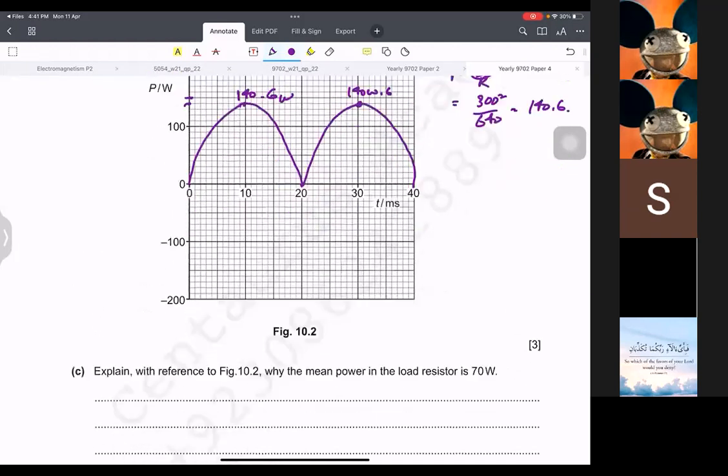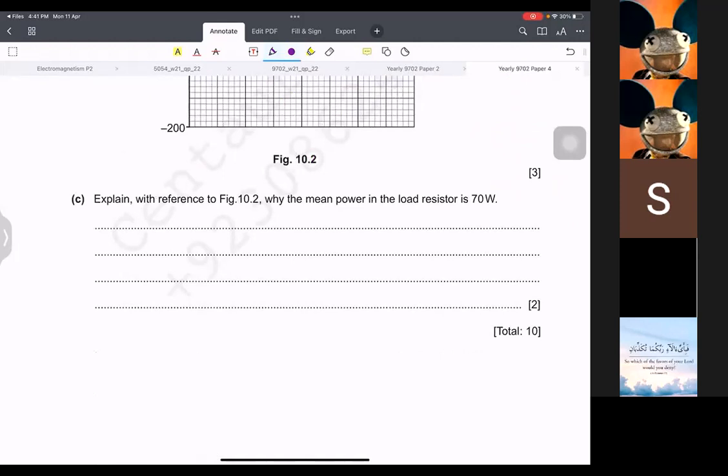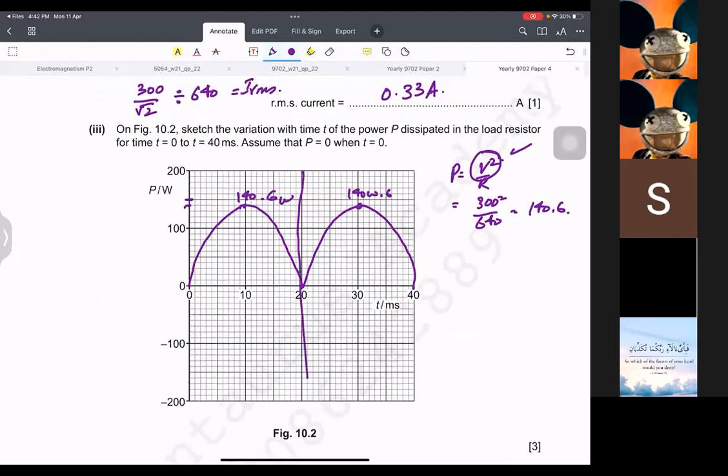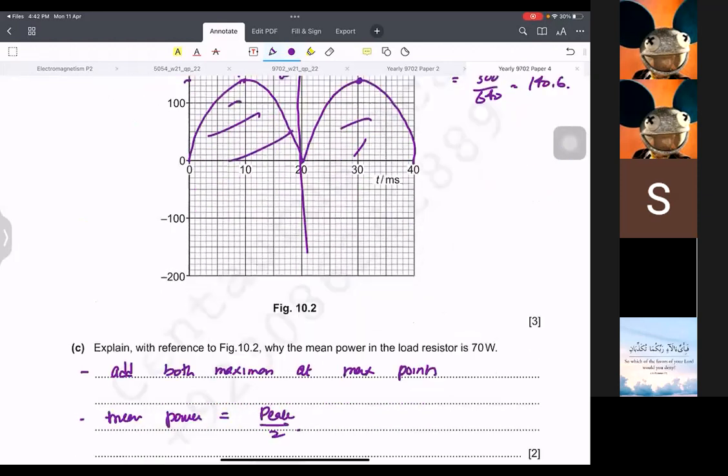So if you try to take the mean, you could always say add both maxima at max points, and then mean power will be equal to peak divided by 2. You could say that, right? Because mean means if you take half of it, half and half like this.